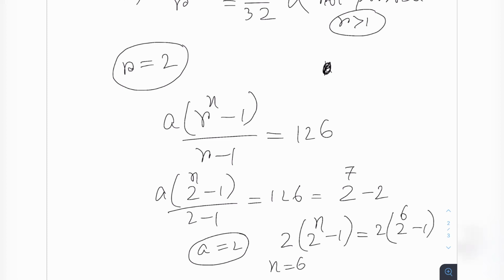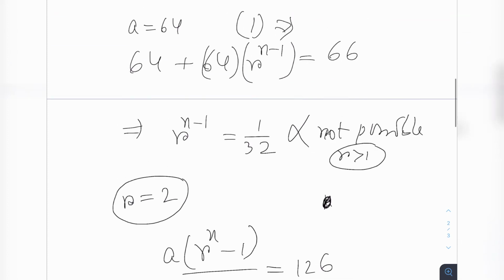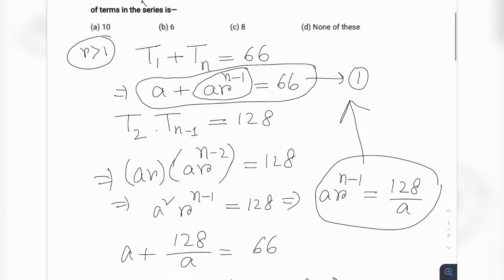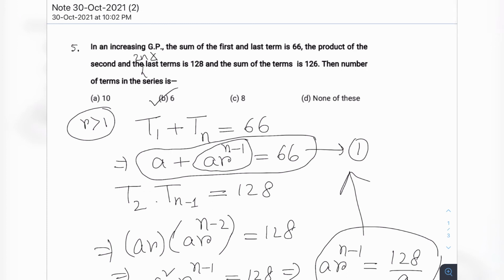That means compare করে n equals 6 পেয়ে যাবো। তাহলে n এর ভ্যালু এখানে 6 হয়ে যাবে। এটা আমরা একটা শর্টকাট করলাম। ওকে, so option B is correct.